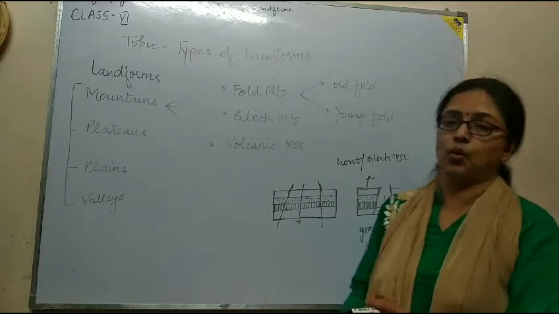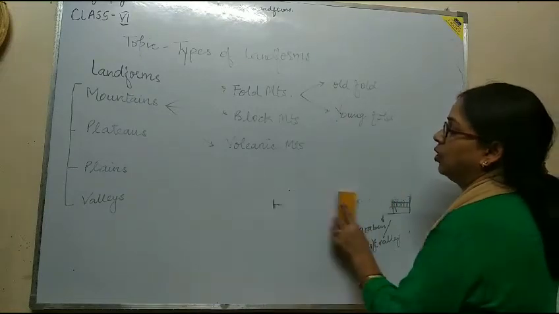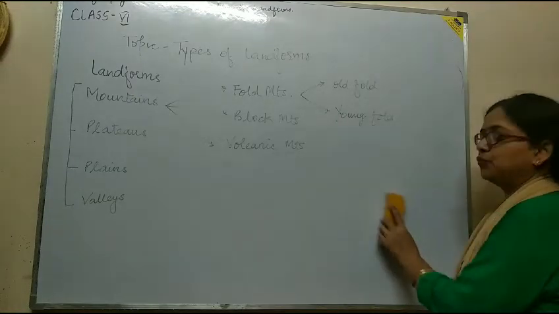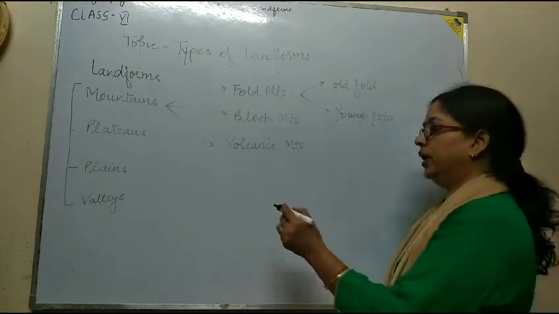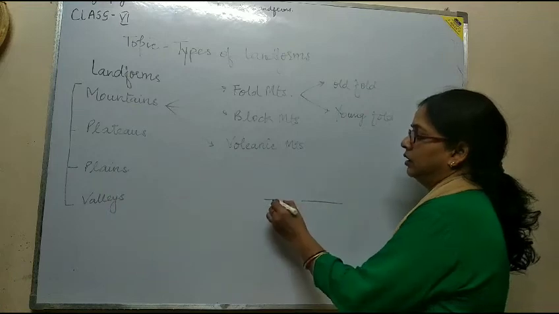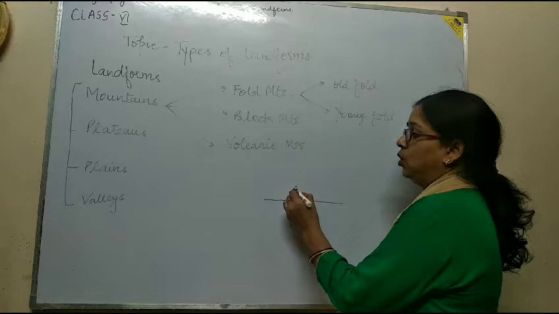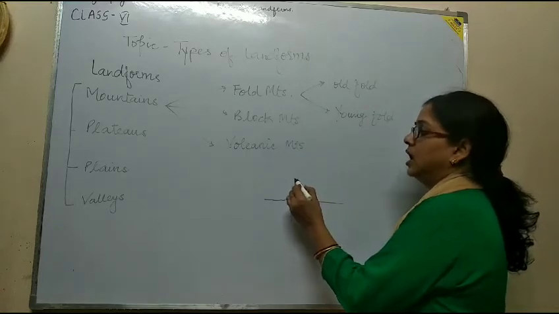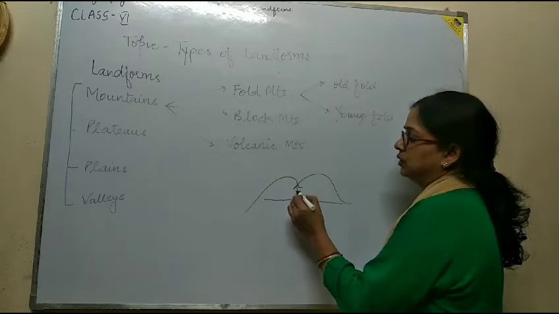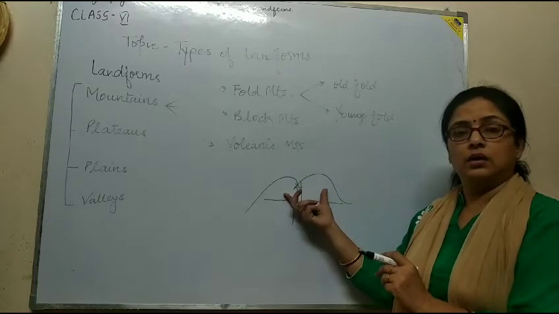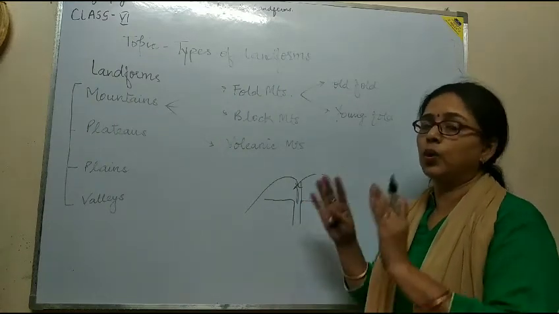Next is volcanic mountains. Volcanic mountains, as the name suggests, are the result of volcanic eruption. When there is a volcanic eruption, along with that the lava comes out, the magma comes out on the surface of the earth, and starts to solidify over a period of time.